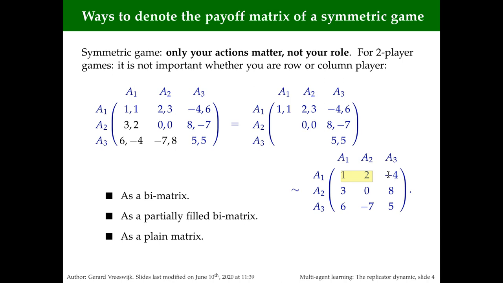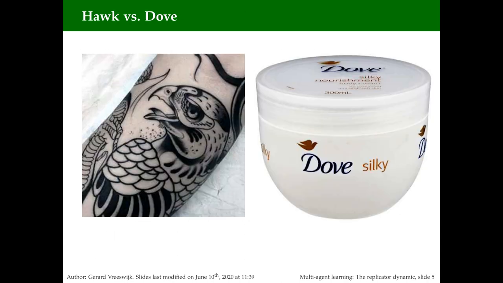And these payoffs indicate what the row player receives if it encounters the column player. So for example here, if the row player plays the second action and the column player plays the first action, then the row player will receive 3 utils.